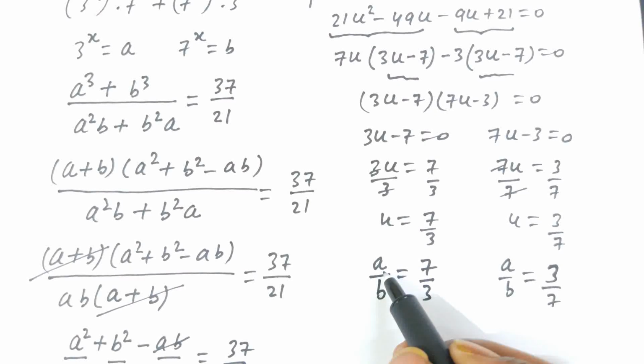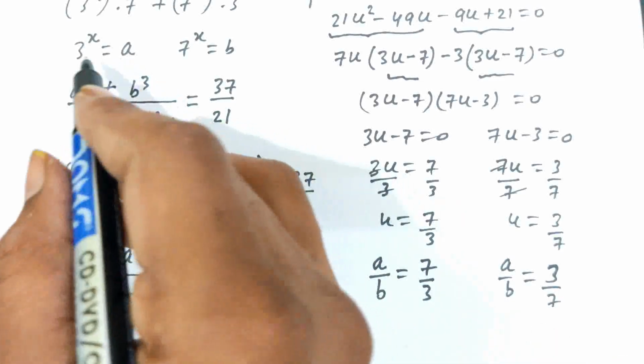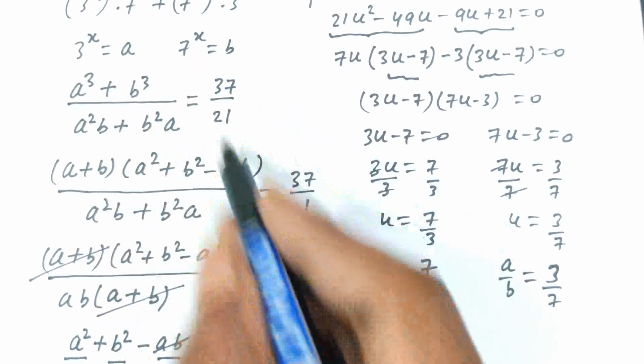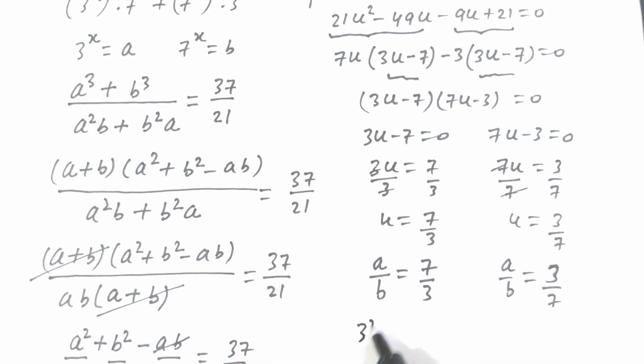Now the value of a is 3 power x and the value of b is 7 power x. So 3 power x divided by 7 power x is equal to 7 divided by 3, and this is replaced by 3 power x divided by 7 power x, this is equal to 3 by 7.